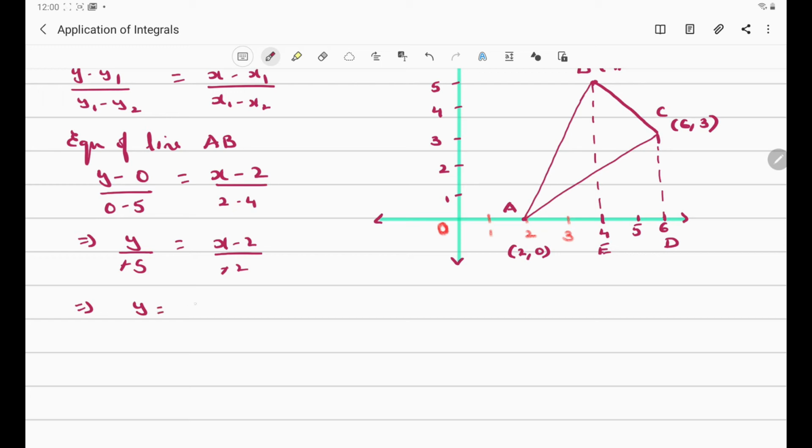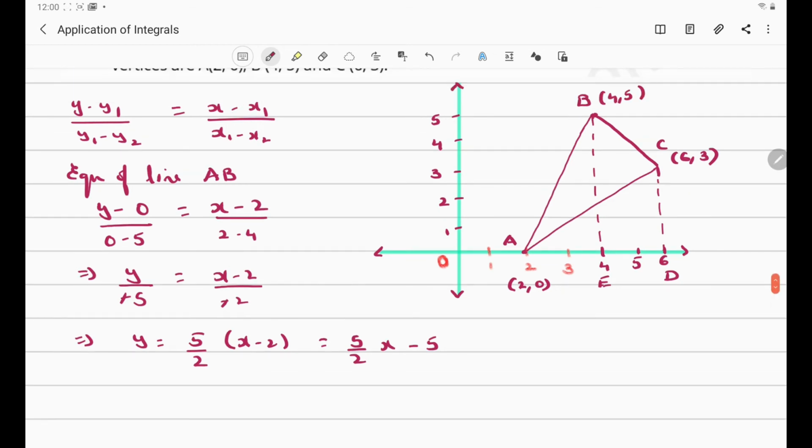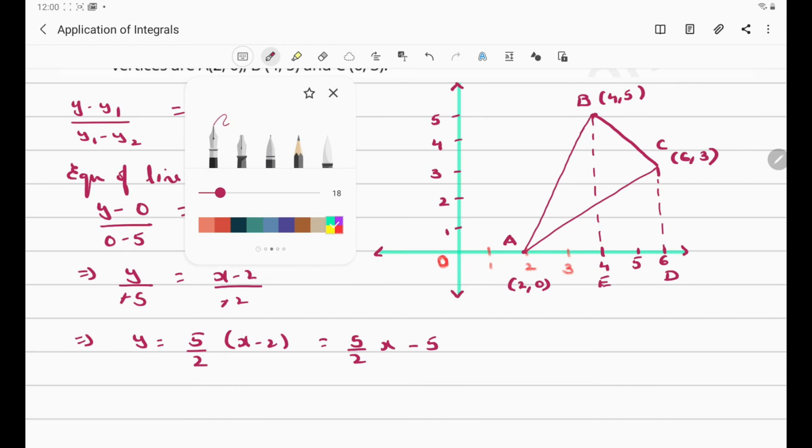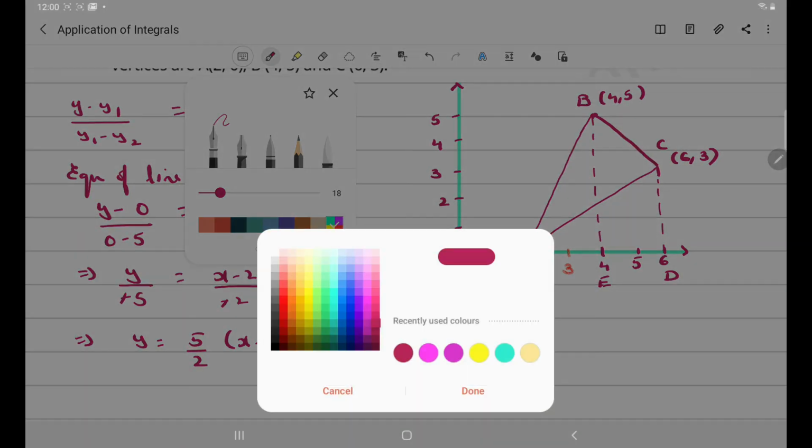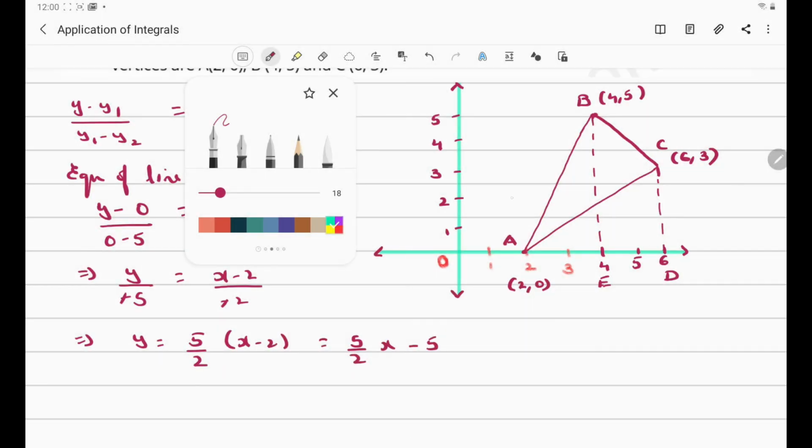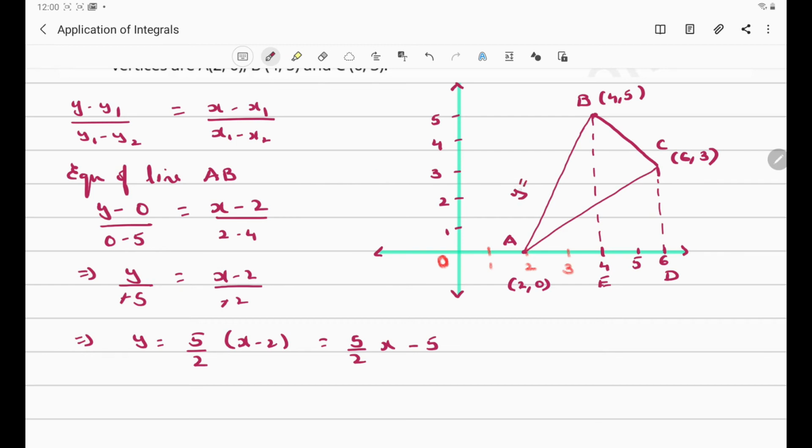So y equal to 5 by 2 times x minus 2, which is equal to 5 by 2 x minus 5. So this is the equation of the line AB, y equal to 5x by 2 minus 5.